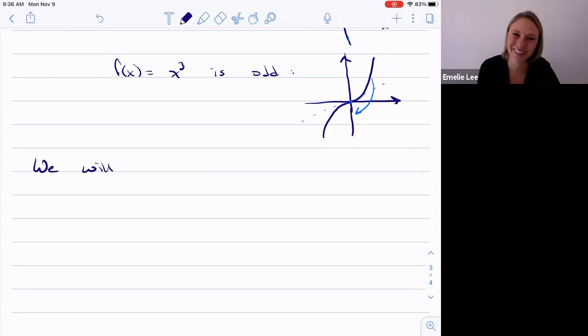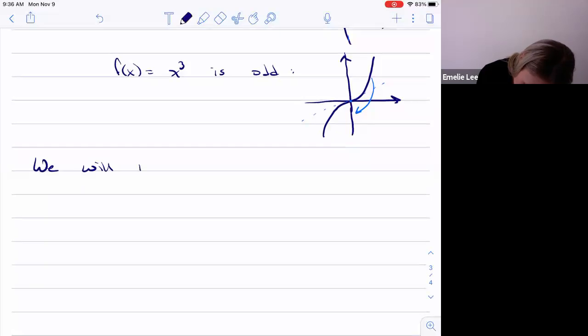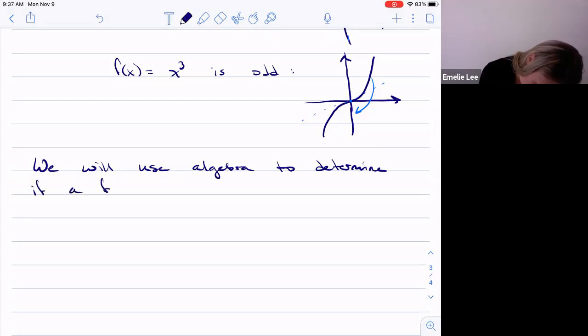We will focus on proving even and odd functions algebraically. So we will use algebra to determine if a function is even or odd.